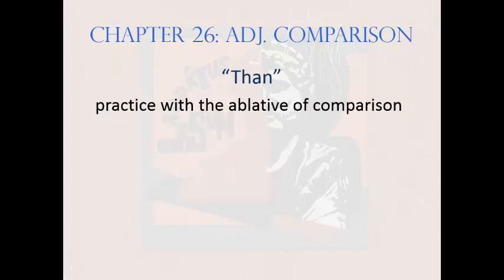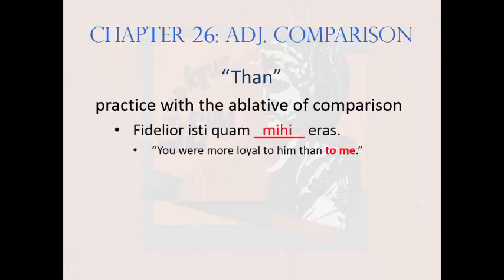Let's take the same sentences we used before and say than with the ablative of comparison instead of quam. First sentence, fidelior isti quam mihi eras. Earlier we used mihi because the form of ego was functioning as quam plus same case and was being compared to isti, which is dative.